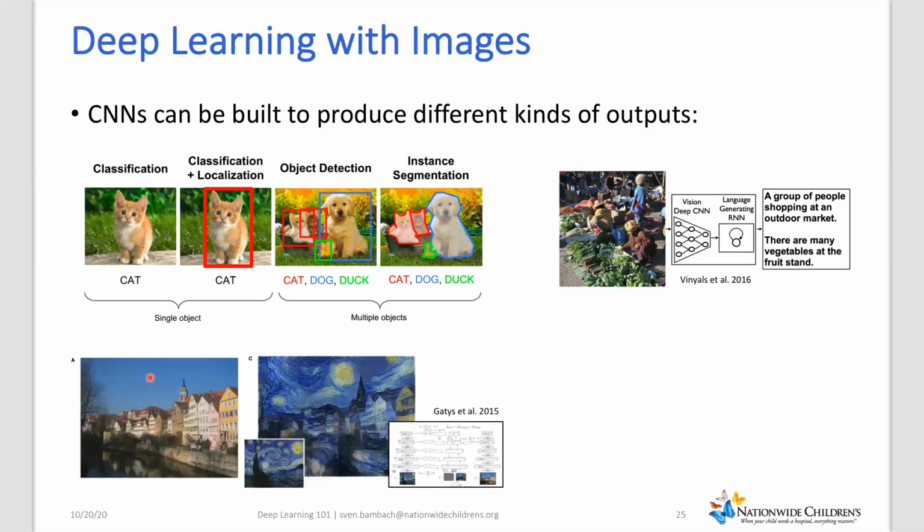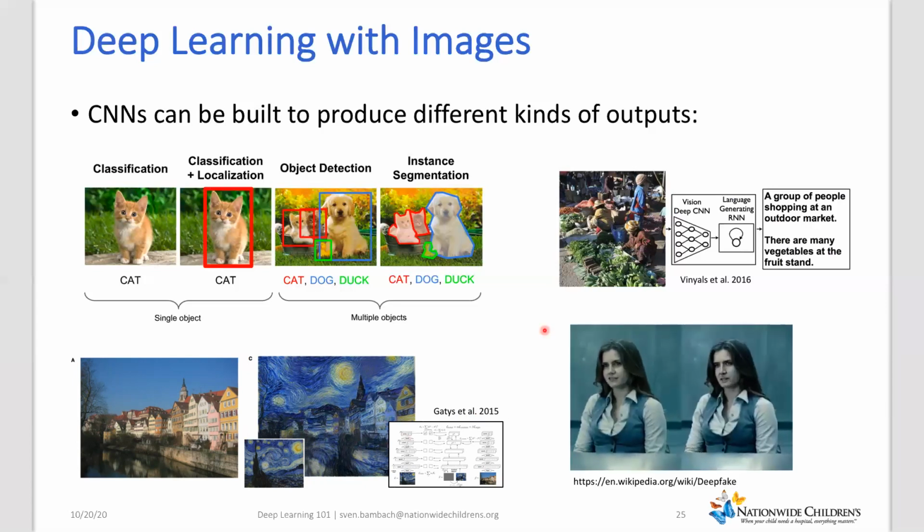You might have seen style transfer applications. I think there's an app, what is it called? Can't think of the name. Prism or Prisma, something like that. There's a famous phone app where you can take a picture and make it look like a Van Gogh painting, for example. That's using deep learning, right? So you can plug in the picture, you can plug in a Van Gogh painting, and it'll produce some sort of mixture.